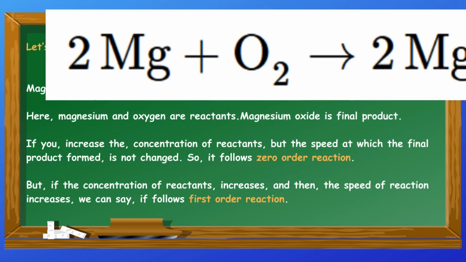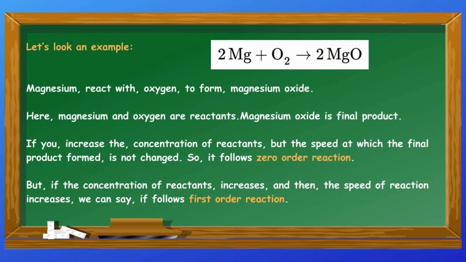Let's look at an example. Magnesium reacts with oxygen to form magnesium oxide. Here, magnesium and oxygen are reactants. Magnesium oxide is the final product. If you increase the concentration of reactants, but the speed at which the final product is formed is not changed, then we can say it follows zero-order reaction.